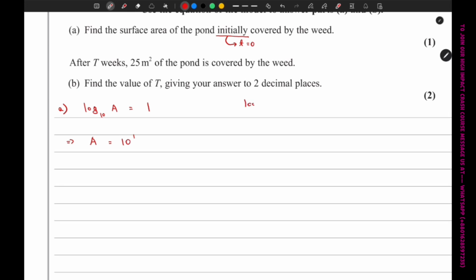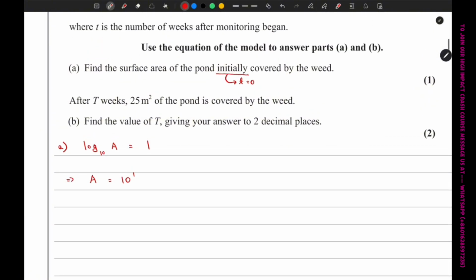If we have log_x y equals z, we can write it like this: y equals x to the power z. So this is actually a formula for logarithms. So the surface area initially covered by the width is 10 meters squared. So that is the answer to part A.